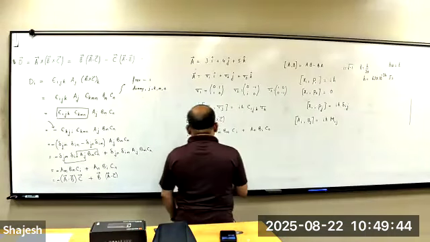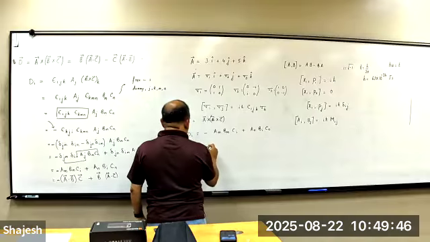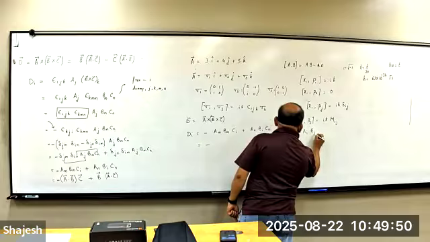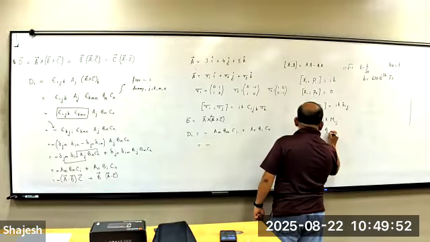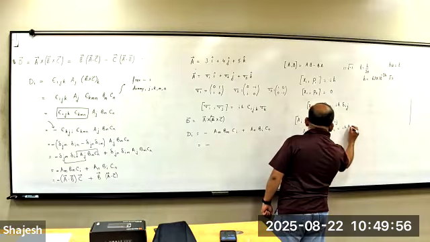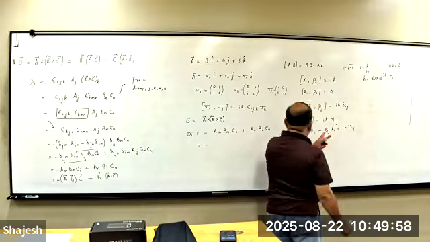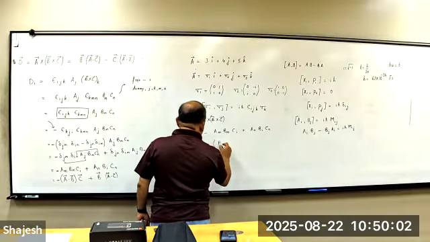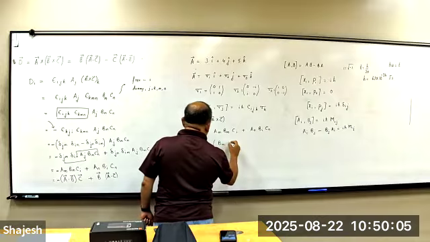So if I were to replace this, what I mean here is that A_i B_j minus B_j A_i is equal to i h bar times M_ij. If I want to swap this, I have to take care of that. So this is B_m A_m.